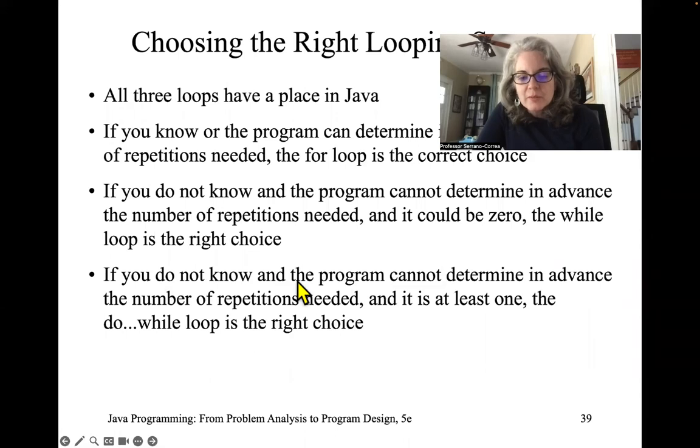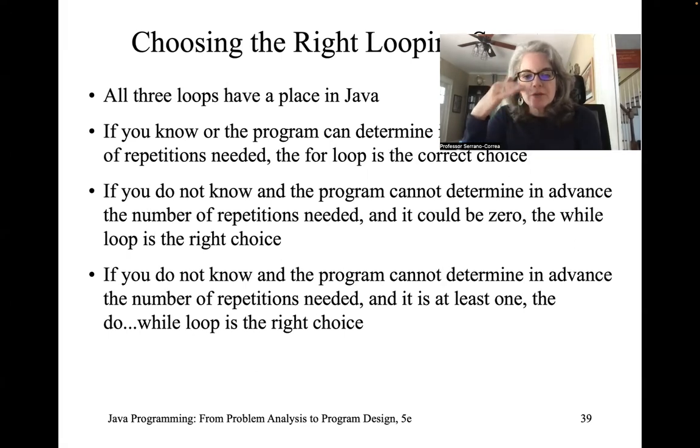If you do not know and the program cannot determine in advance the number of repetitions needed, and it is at least 1 time, then use the do while loop. Because remember, the do while loop you enter at least 1 time. Like, get the data. Is it correct? Yes. Wonderful. Exit the loop.